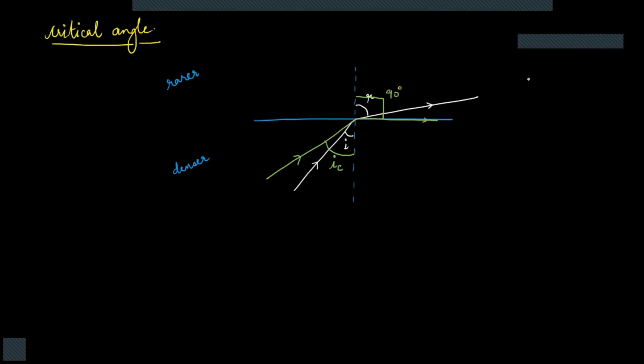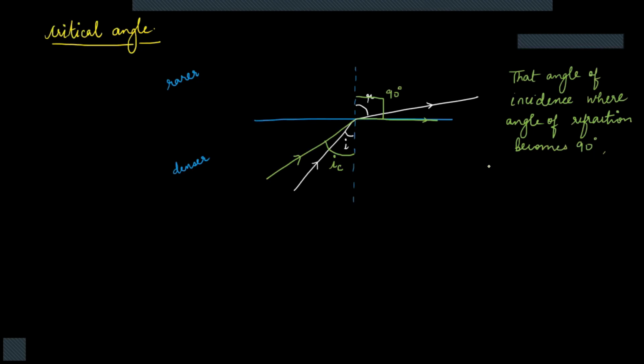So how can we define critical angle? Critical angle is that angle of incidence where angle of refraction becomes 90° when a ray travels from a denser medium to a rarer medium.